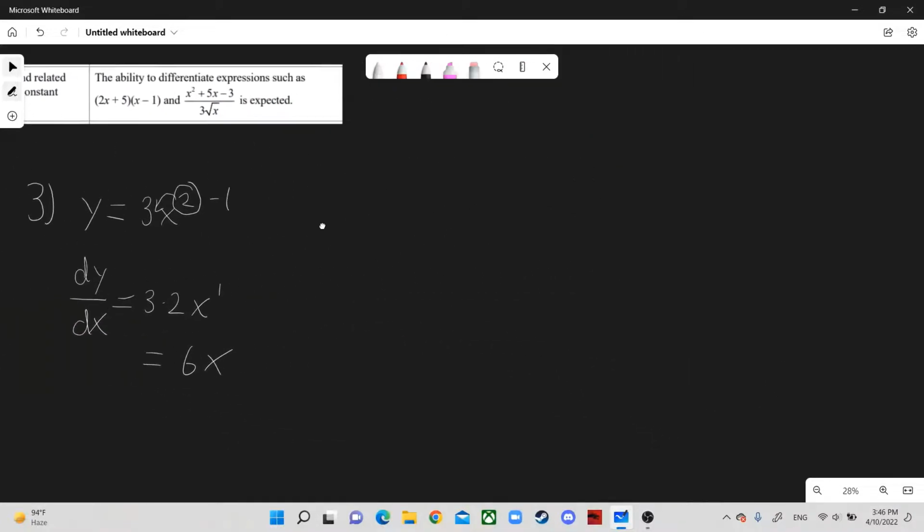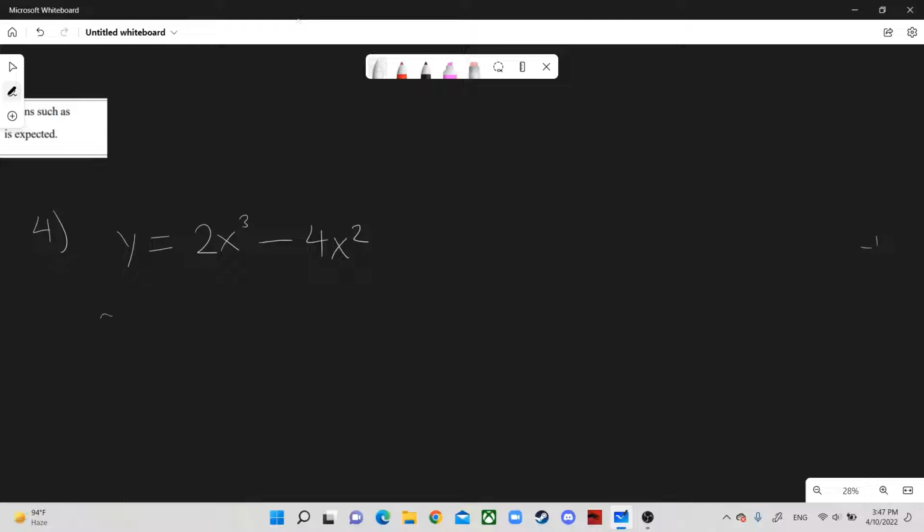Okay. Now let's do some harder ones. What about y is equal to 2x cubed minus 4x squared? How would you differentiate this? Well, this is pretty simple as well.